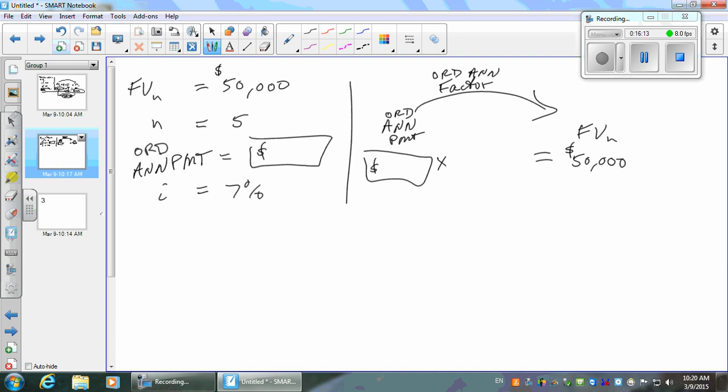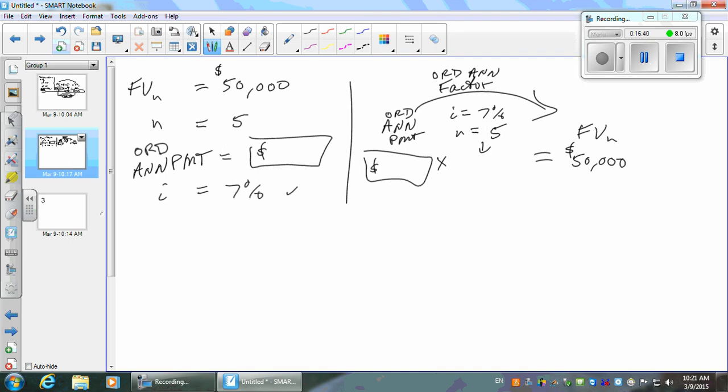I want an ordinary annuity factor, with an interest rate of 7% and a number of periods of 5. When you think about this annuity, there are going to be 5 payments. So this factor is going to be 5, the $5 that are going to be paid. Everybody got it? $5 each time.